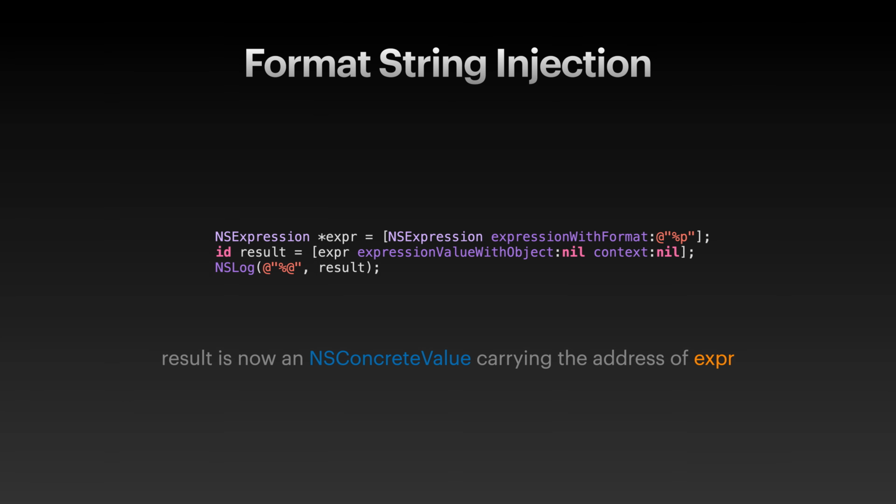For example, if we feed this %p to an NSExpression, it will actually return the address of the first argument, which points to this NSExpression instance. So the classical format string attacks are available in this function, and the compiler doesn't warn us about it.